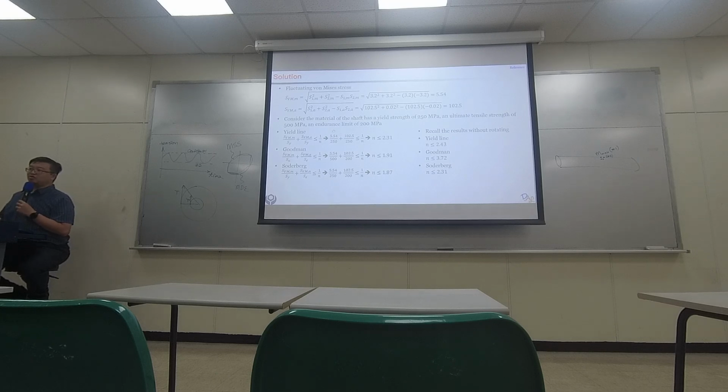Overall, use von Mises stress, and we realize the mean of the von Mises stress is 5.54, and the amplitude is large. So equivalently, the worst loading condition is carrying a mean von Mises stress of 5.54 megapascal, plus or minus 103 megapascal.